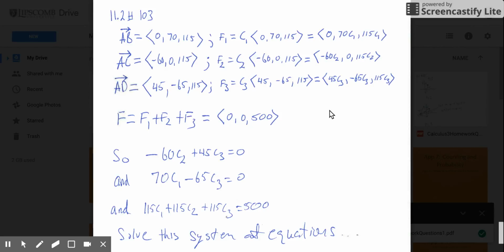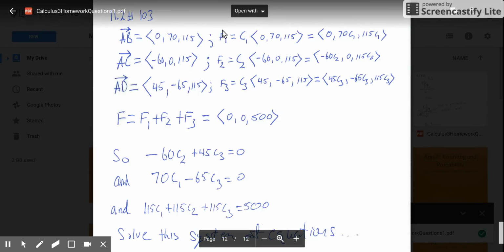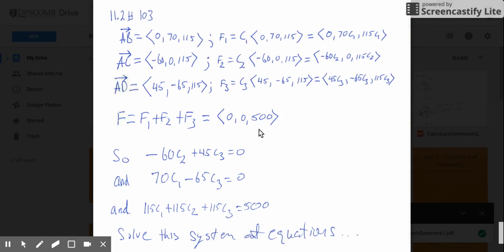11.2, number 103. We're asked to find the tension in each of the supporting cables in the figure that's given in problem 103 when the weight of the crate is 500 newtons. Alrighty, so we have here 3 supporting cables, and so we're writing the vector for each of those. And of course, the resultant here is the sum of those.